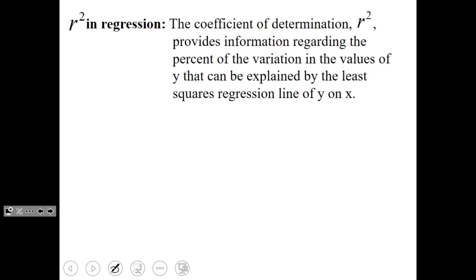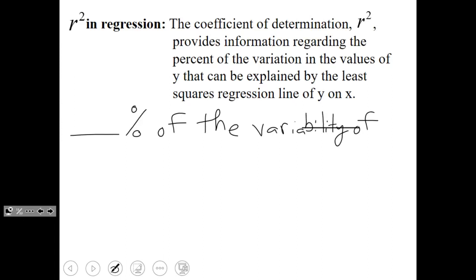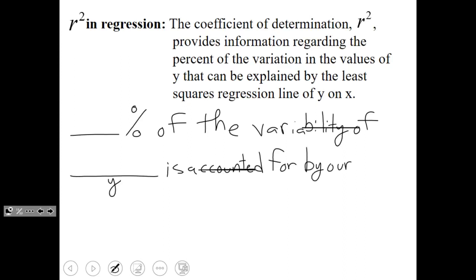There's a certain sentence we remember. Our R squared is a percentage. So we're going to say this percent of the variability of y is accounted for by our model, and actually our linear model of x.